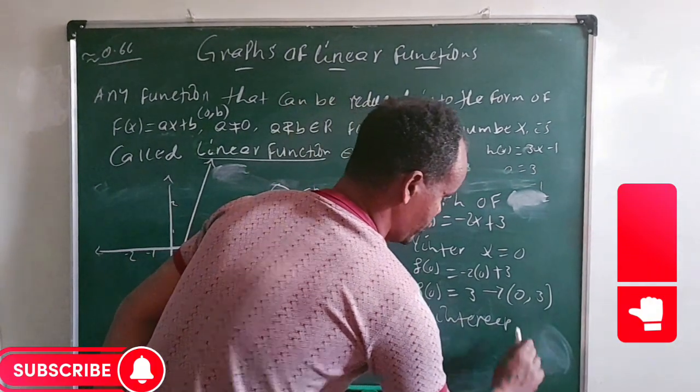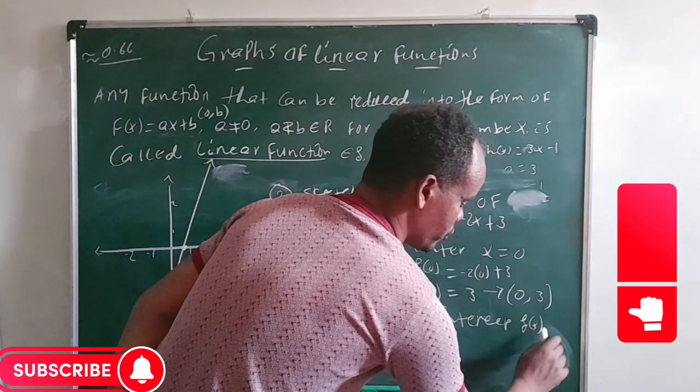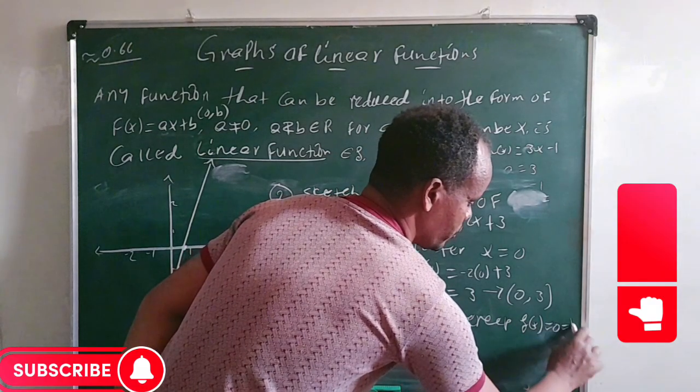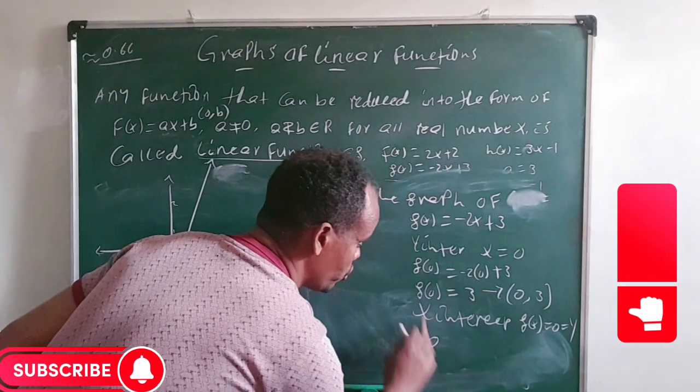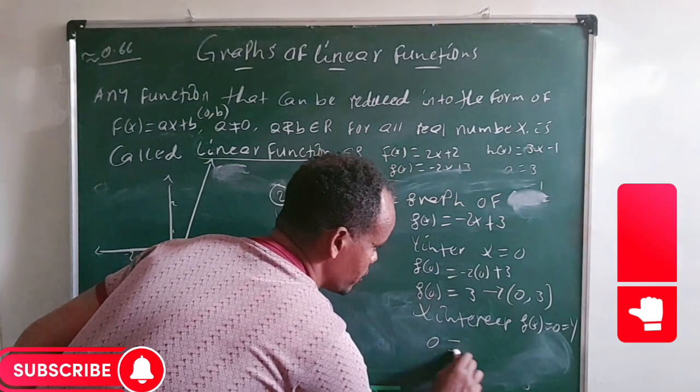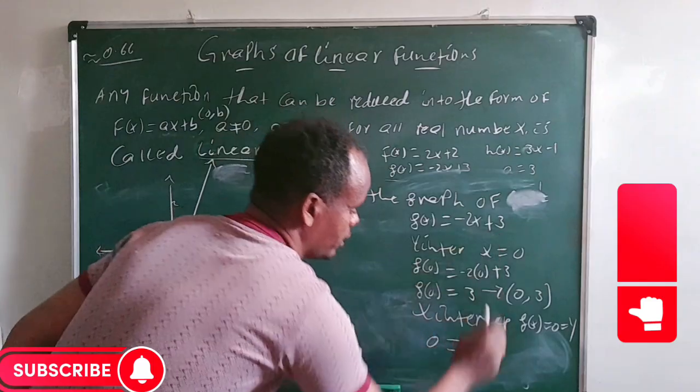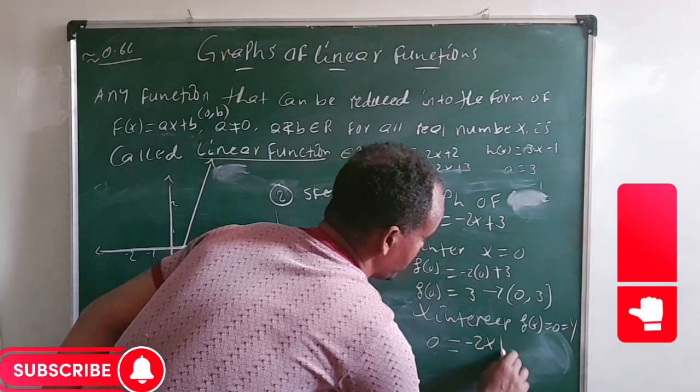The second one is the x-intercept. It means make g(x) = 0, meaning y = 0. So 0 = -2x + 3.